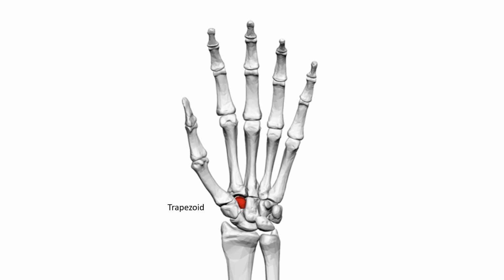Next is this red marked carpal bone. It articulates with the index finger, and this is the trapezoid, because if you look at its borders, it has 4 borders in the form of a trapezoid, and it articulates with the index finger.